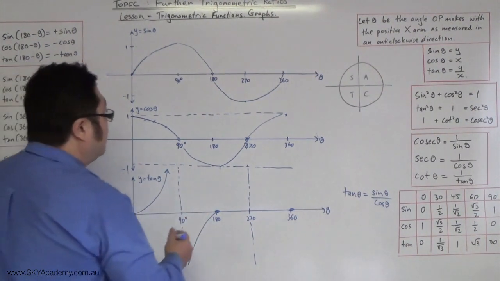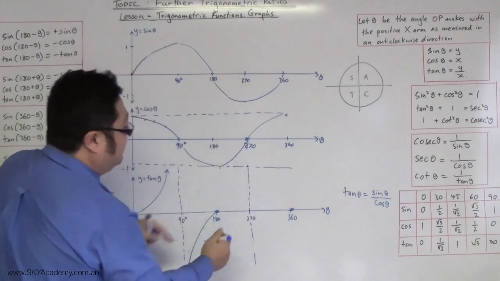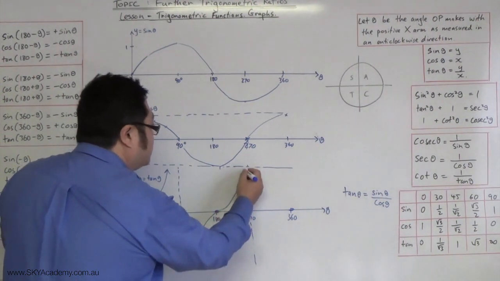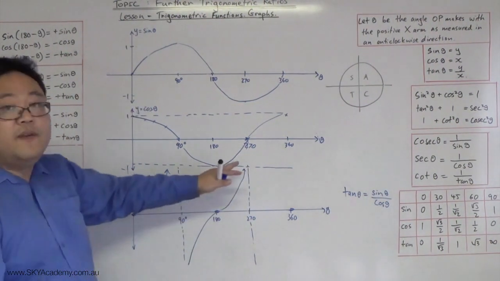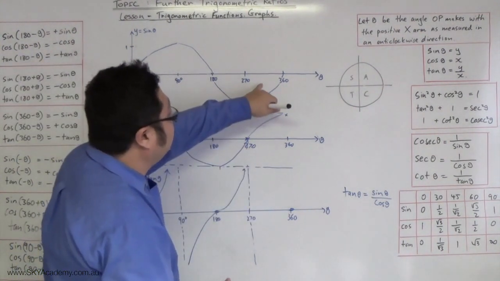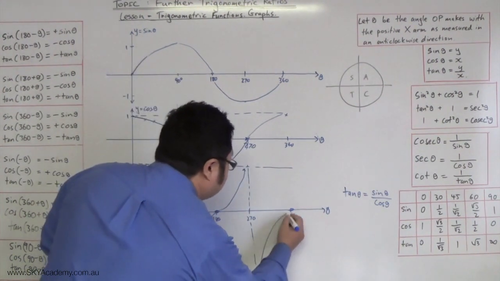Yep. What happens from 180 to 270 is you've got a negative divided by a negative. So in this case, you're going positive again, and it's going towards positive infinity. And then in the last phase, you've got a negative number divided by a positive number, which is a negative phase that's happening here.